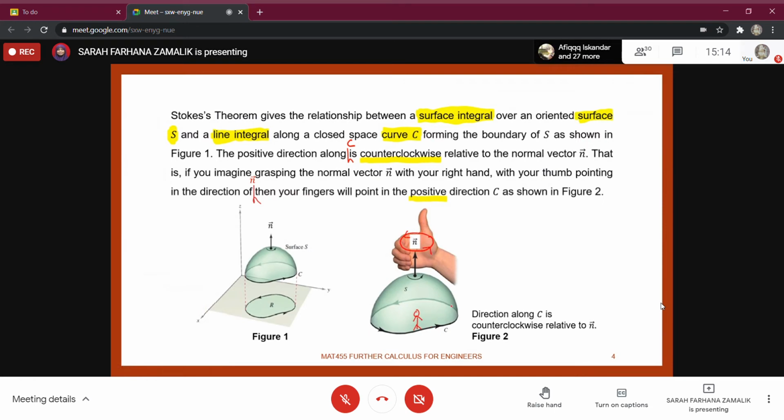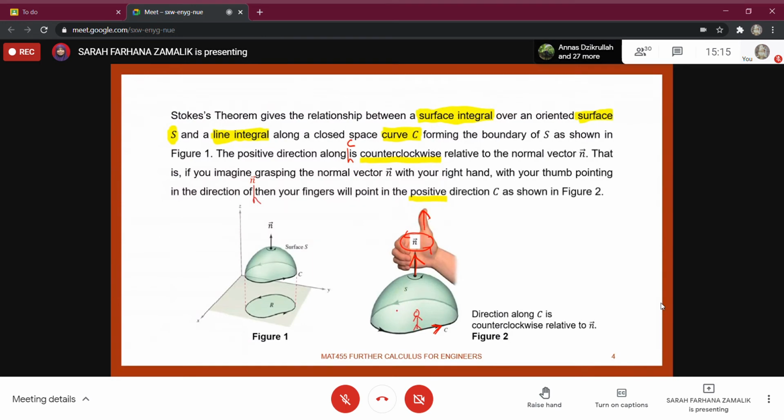So sebab tu kita ada solid kat sini, ini contoh. So direction dia ini C, so dia bagi ini C. So yang pointing outward ni kita punya unit normal N, positif, okay. Sebab dia pointing outward, so kita dah belajar itu unit normal pointing outward. Positif ni, positif lah dia punya unit normal, okay.